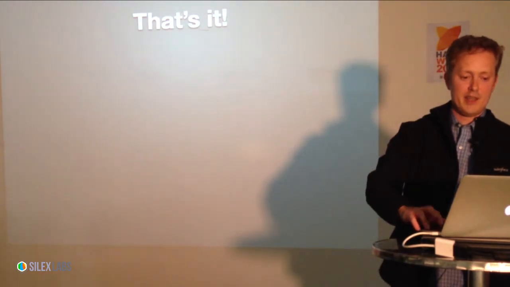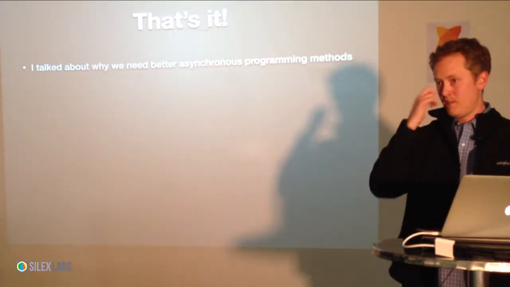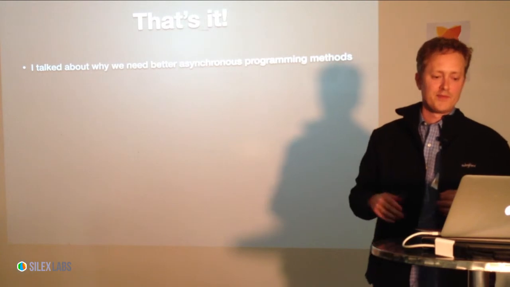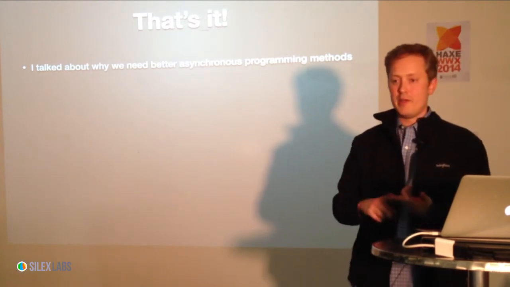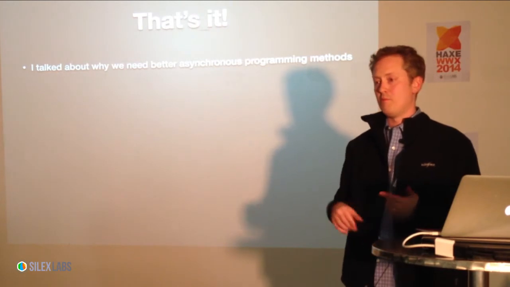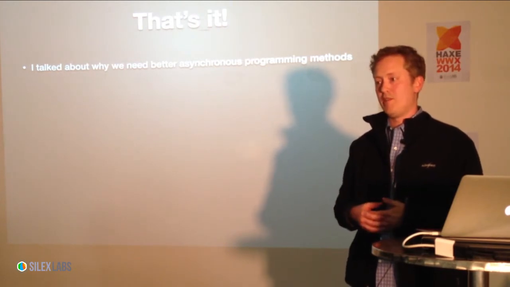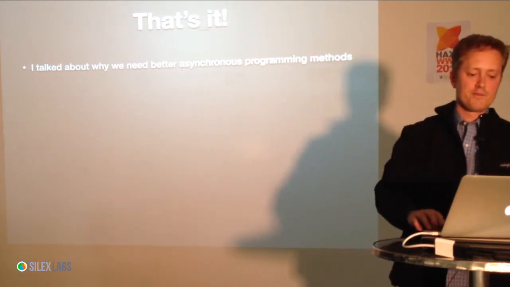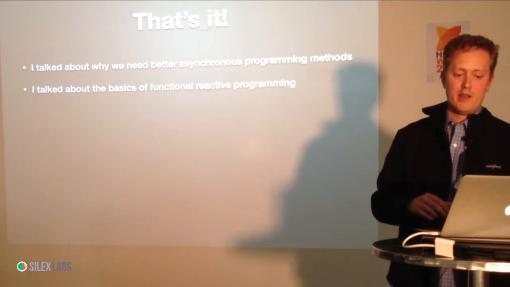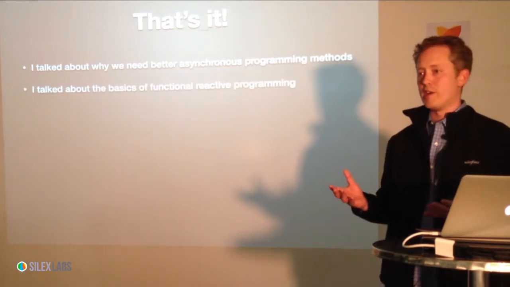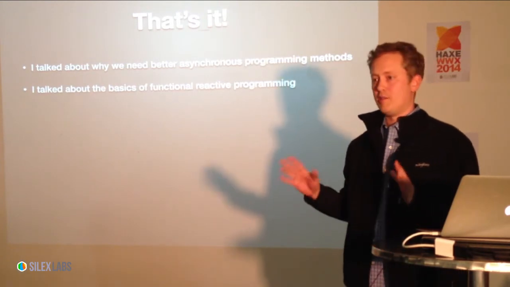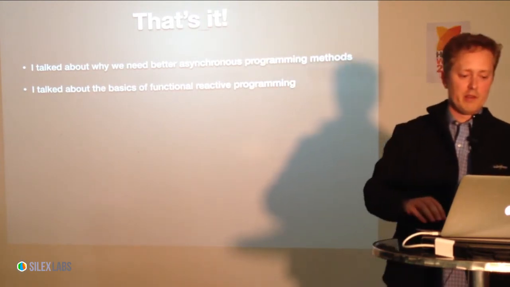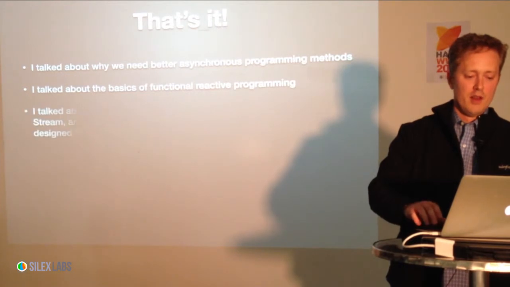Really that's it. So I just wanted to cover the points again, talking about why we need better asynchronous methods, or better methods of handling asynchronous behavior. I'm going to talk about the basics of functional reactive programming, how they work, explaining it from a higher level abstraction.